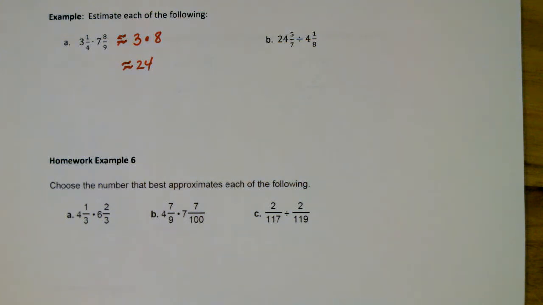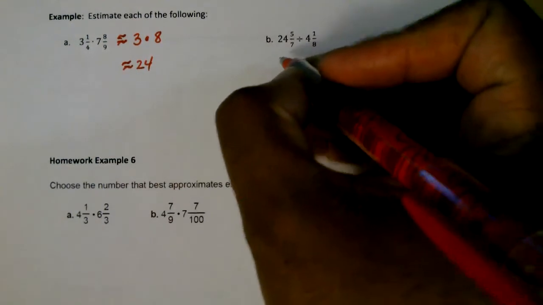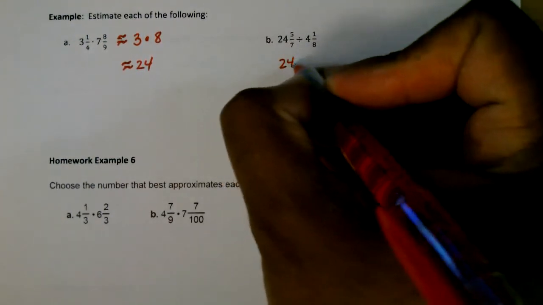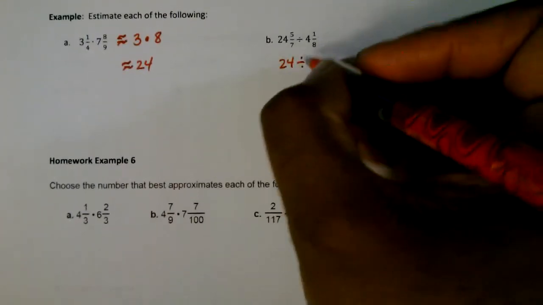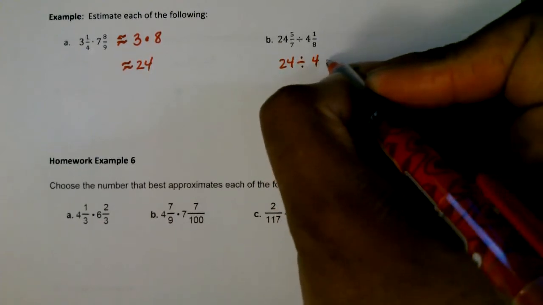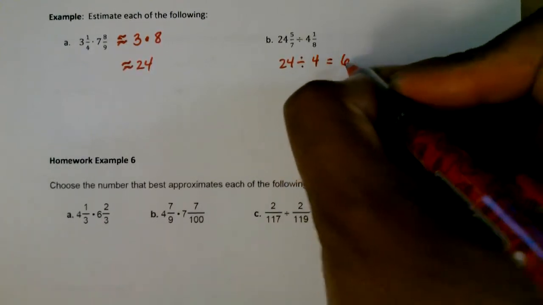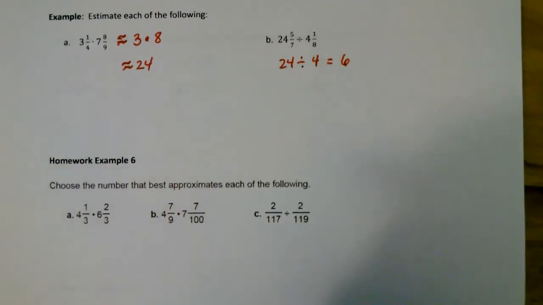And then in part B, we got 24 5/7 divided by 4 1/8. For a problem like that, I would use compatible numbers. Something like this. If I kept 24 5/7 as 24, and then divide that by 4 1/8, that'd be 4. 24 divided by 4 would be approximately 6.